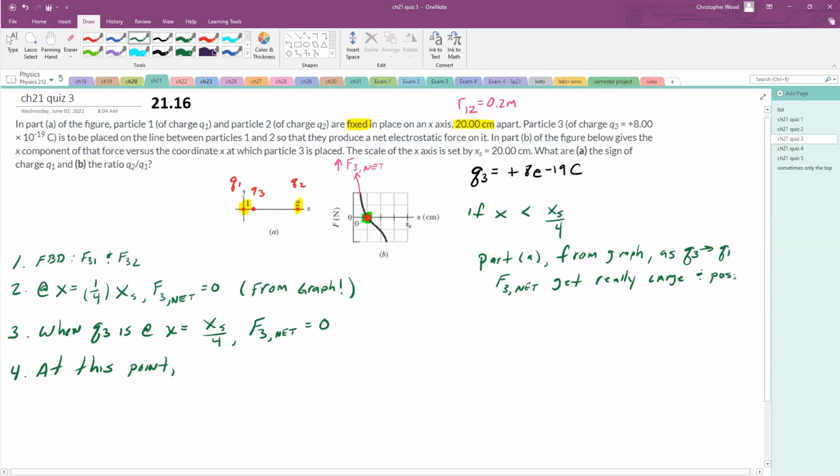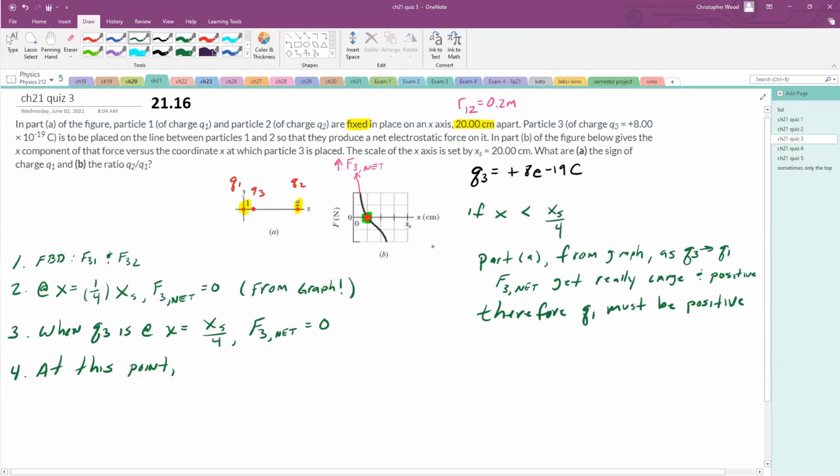All right, so that's my rationale. The only way the net force on particle 3 can get really large and really positive as Q3 approaches Q1 is if Q1 is positive. So therefore, Q1 must be a positive charge because likes repel. And if Q1 and Q3 are both positive, you're going to get that repulsive force pushing Q3 rightward.